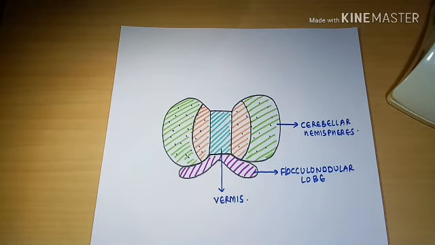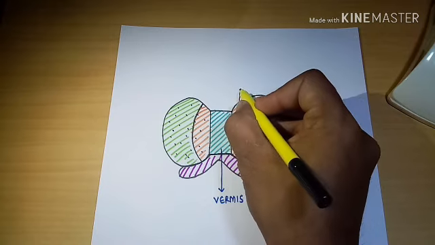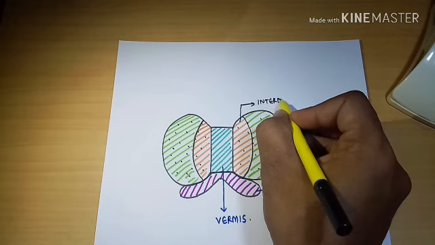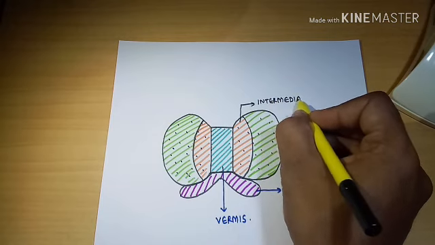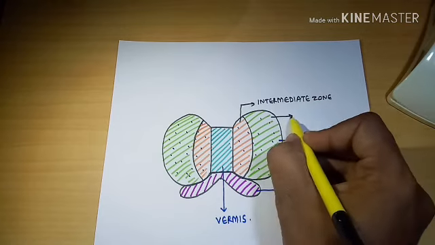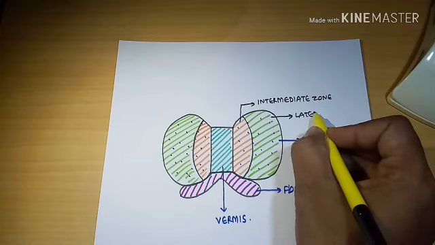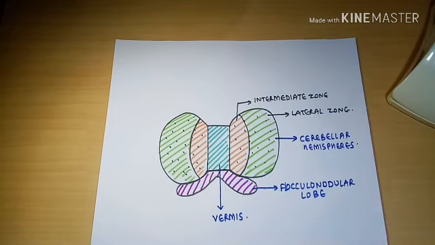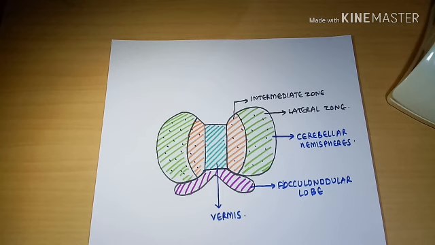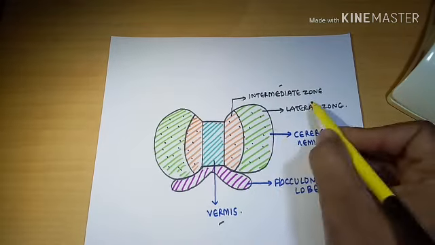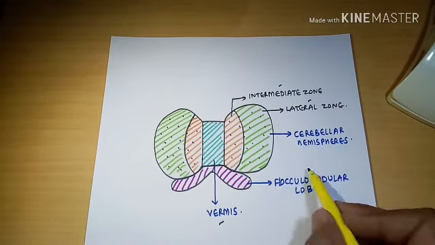So in general, the functional areas of the cerebellum are four: the vermis, intermediate zone, lateral zone, and the flocculonodular lobe.